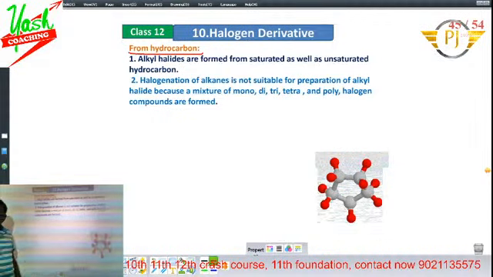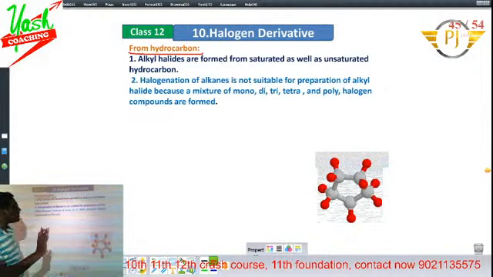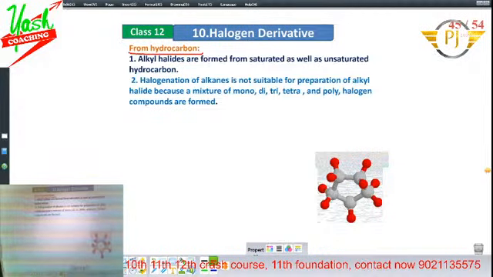If we consider the saturated hydrocarbon, the halogenation of alkane, because alkane is the saturated hydrocarbon, is not a suitable method for the preparation of alkyl halides.